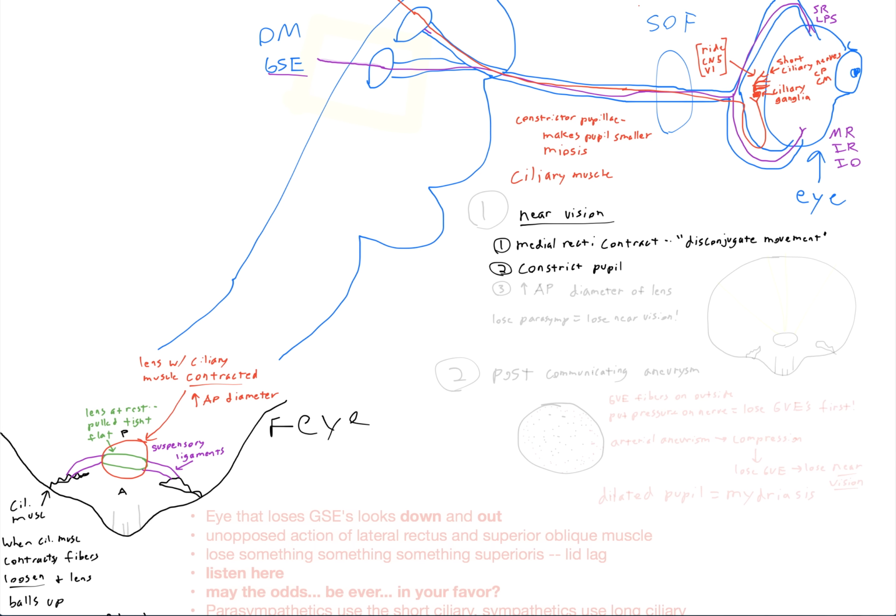It protects your eye from getting too much bright light, and it changes the amount of light the lens has to handle. I'll explain that again in a second. The third thing is you increase the AP diameter of the lens. Your ciliary muscles contract.